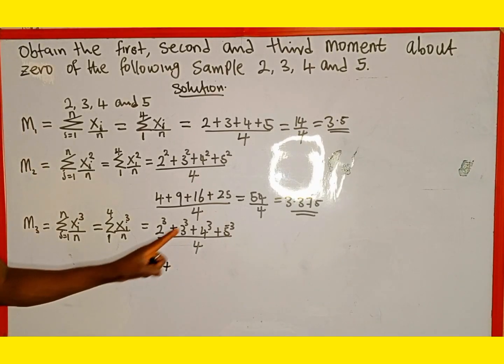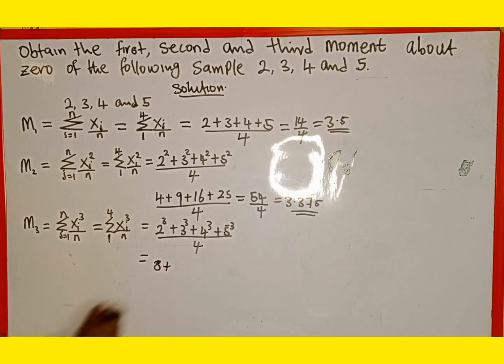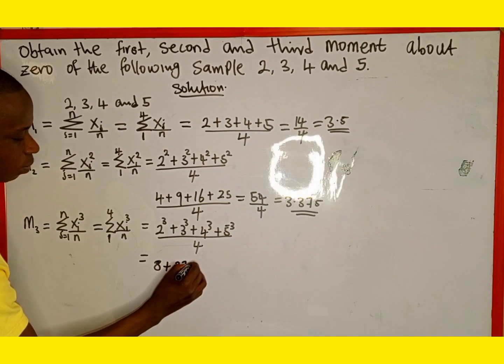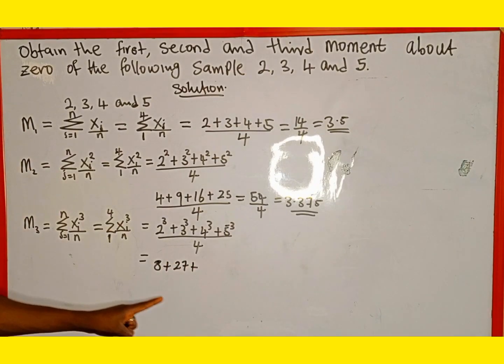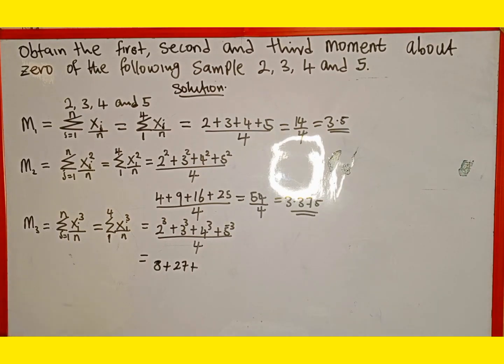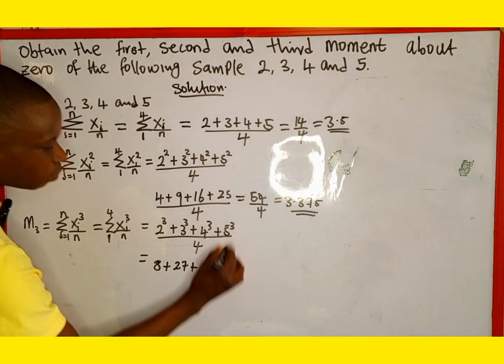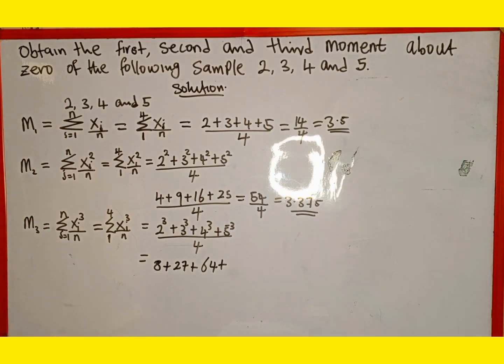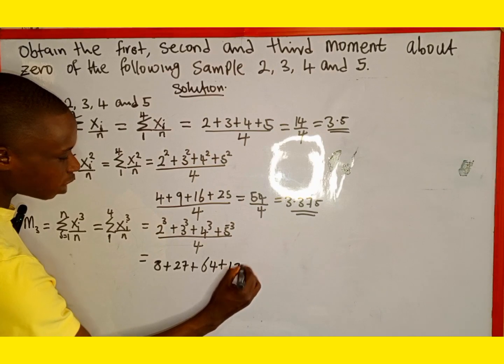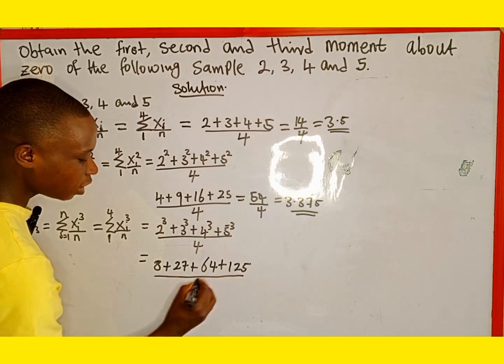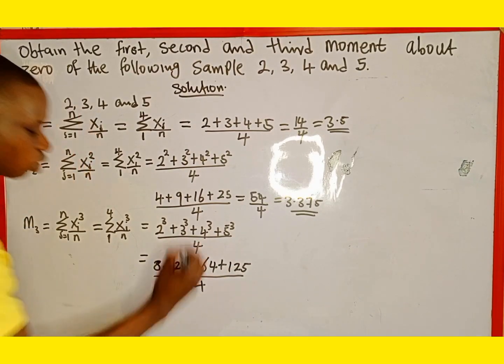Then plus 3 cube is 3 multiplied by 3 multiplied by 3, which gives us 27. Then plus 4 cube means 4 multiplied by 4 multiplied by 4, which gives us 64. Then plus 5 cube means 5 multiplied by 5 multiplied by 5, which gives us 125. So everything over n, which is equal to 4.